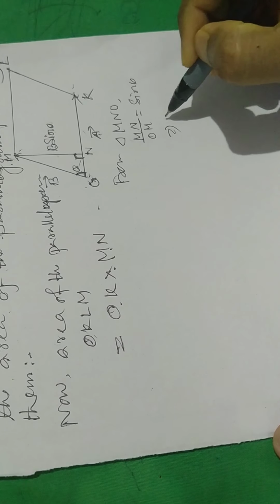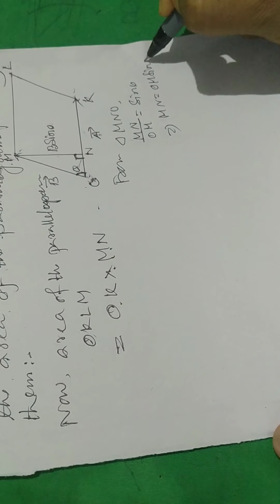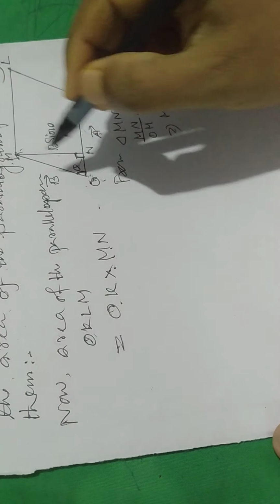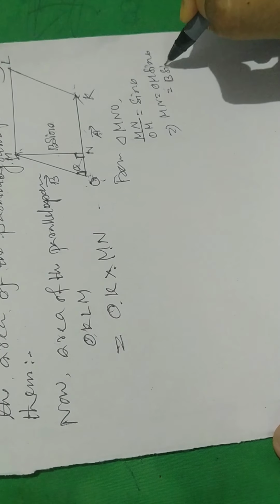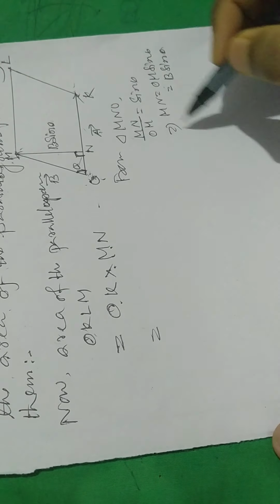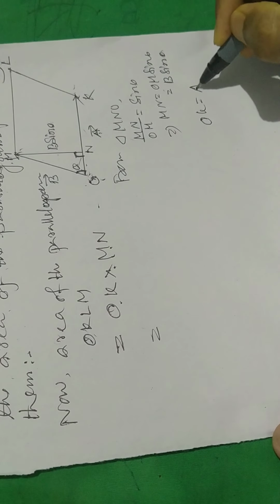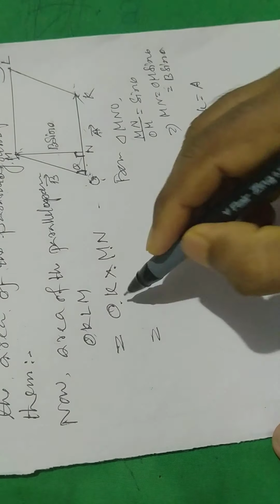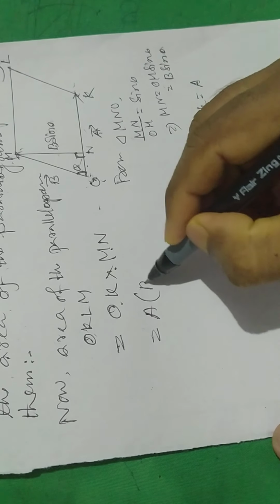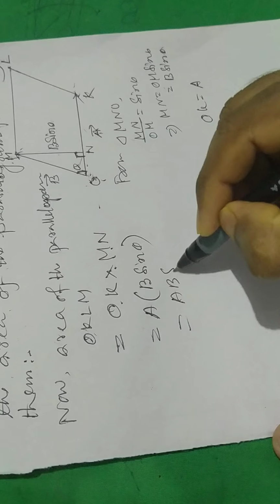So MN equals OM sine theta. OM is B, so B sine theta. OK is the magnitude of vector A. So MN is B sine theta, and the area is A B sine theta.